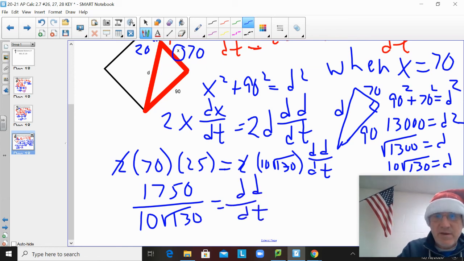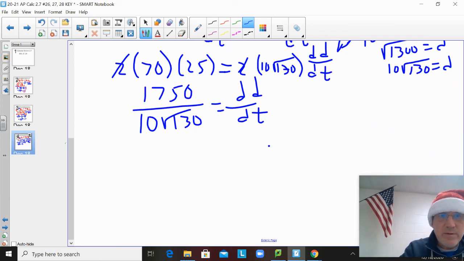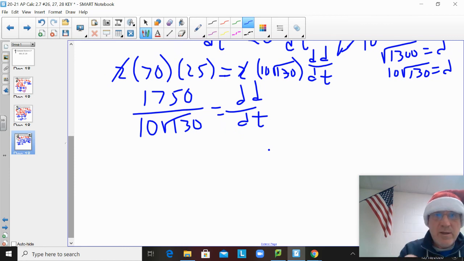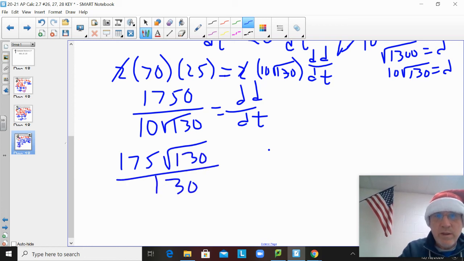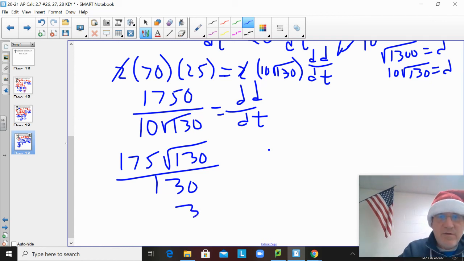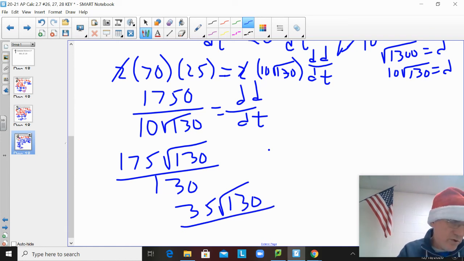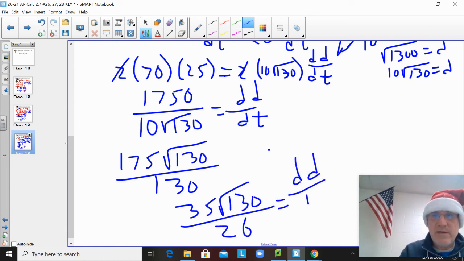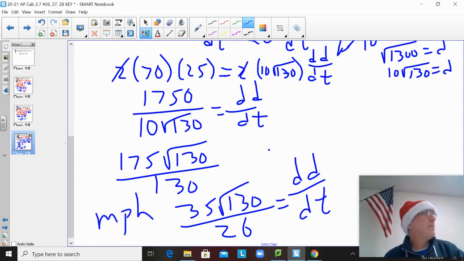And since I cleaned up the other ones, I'll clean up this one too. The zeros go away, I get 175, and if I rationalize it, times root 130 over 130, both of those divide by 5. I see it as 35 root 130 over 26 equals dd/dt. And that's miles per hour.